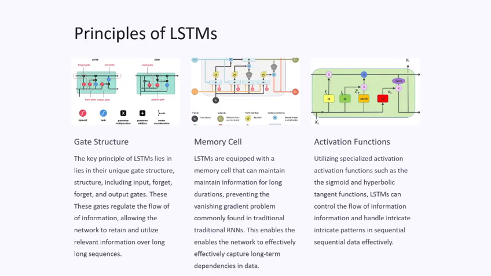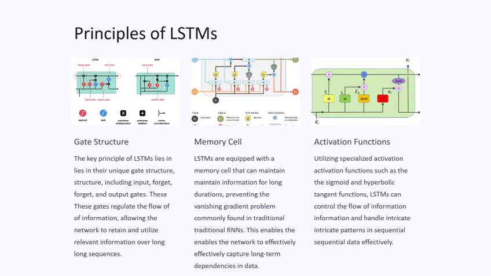Principles of LSTMs. First principle is the gate structure. The key principle of LSTMs lies in their unique gate structure, including input, forget, and output gates. These gates regulate the flow of information, allowing the network to retain and utilize relevant information over long series. Second principle is the memory cell.